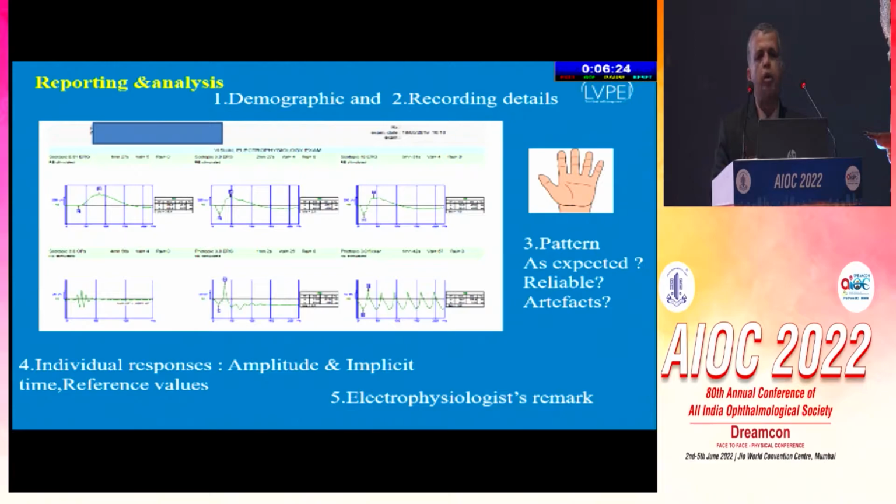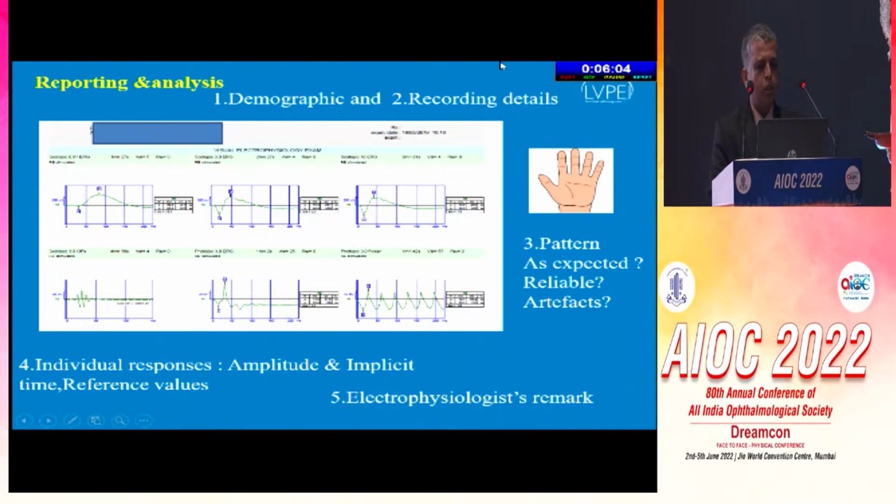So this is how a report looks. We should know how to interpret these responses. There are 6 responses, and these need to be described in a standard way. The protocol is to name the responses in terms of the state of adaptation and the stimulus strength used.